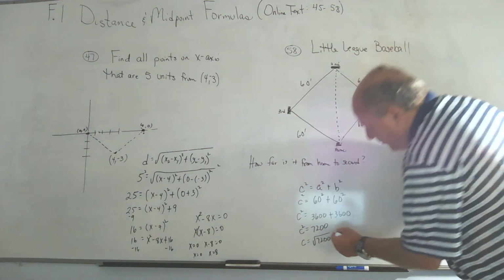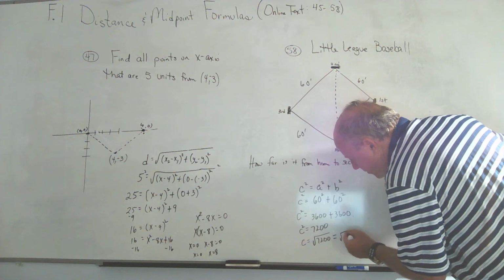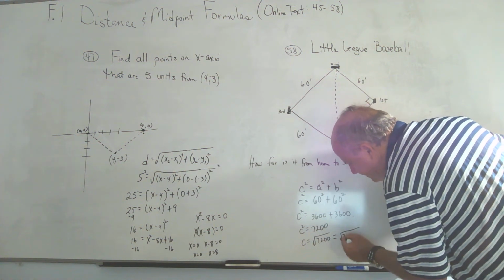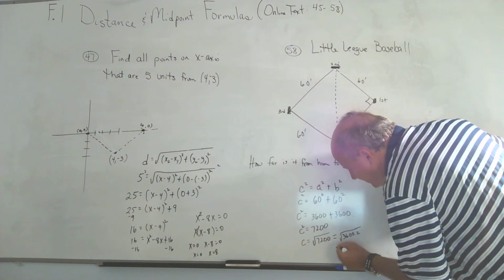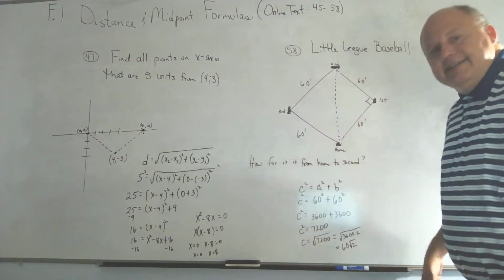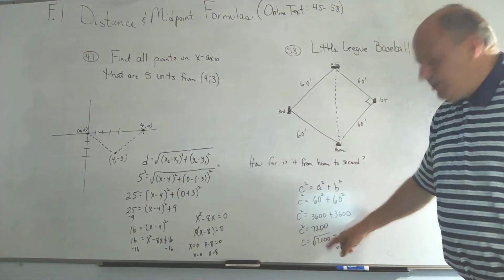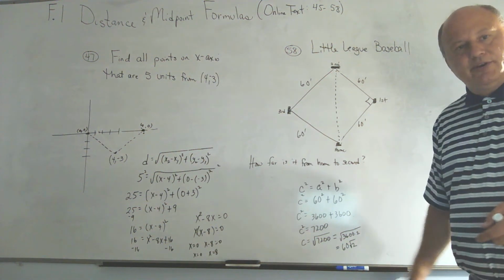If you break it up, it's going to be the square root of 3600 times 2. So that's going to be 60 times the square root of 2. But again, like I said in a previous video, you can take the square root of 7200 on your calculator and get that answer, versus 60 times square root of 2.